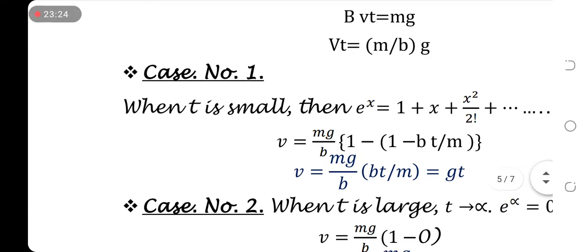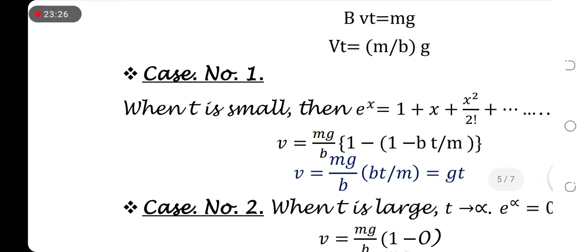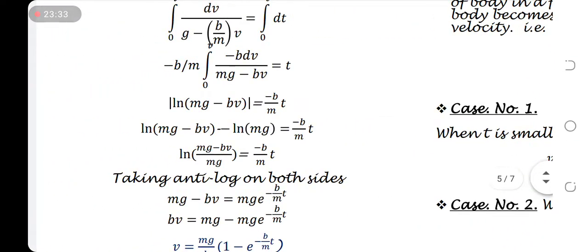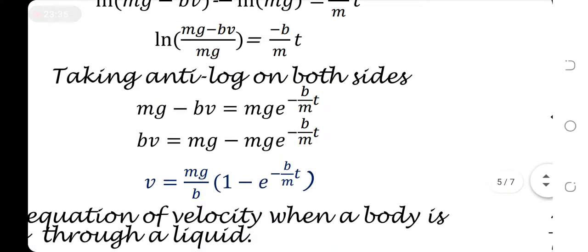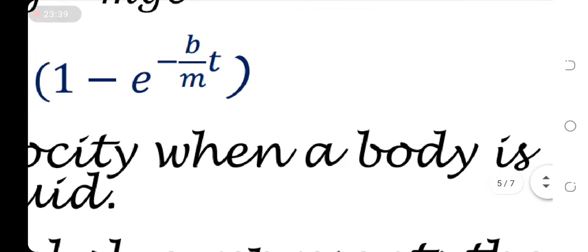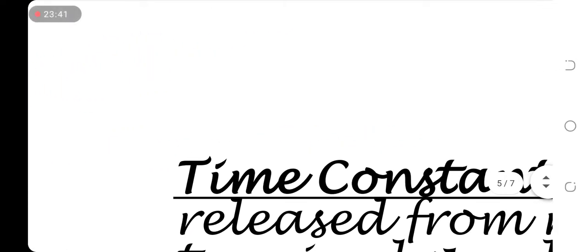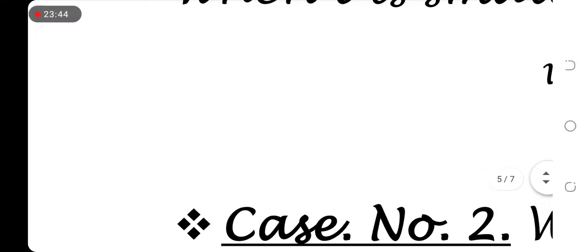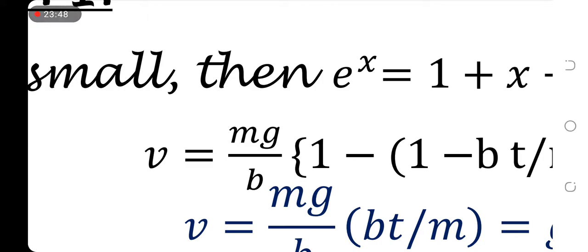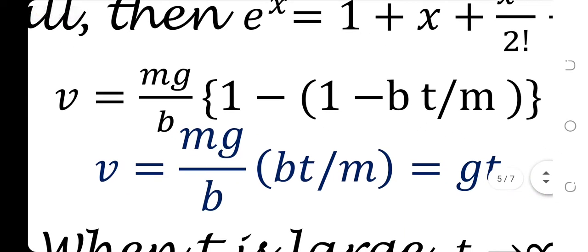When we put the value of x, replacing x by bt over m, in the equation as we have evaluated it, then we can see that v equals mg over b into 1 minus e raised to minus bt over m.